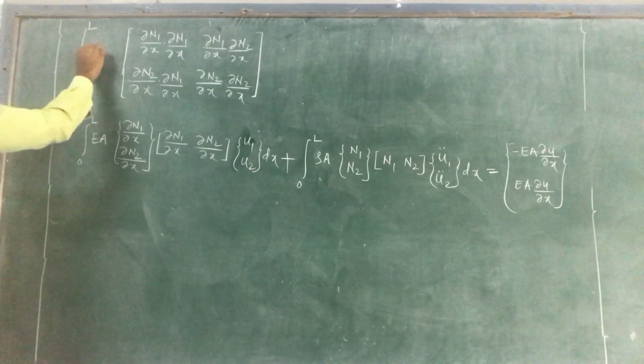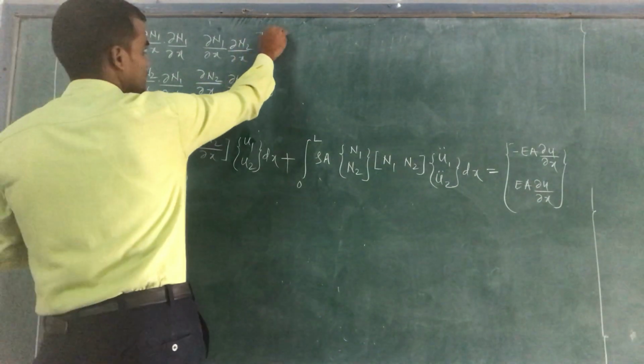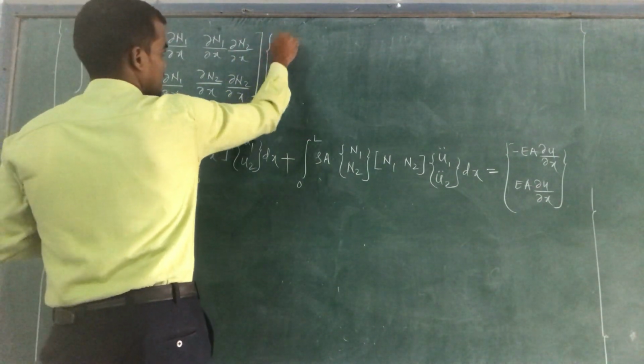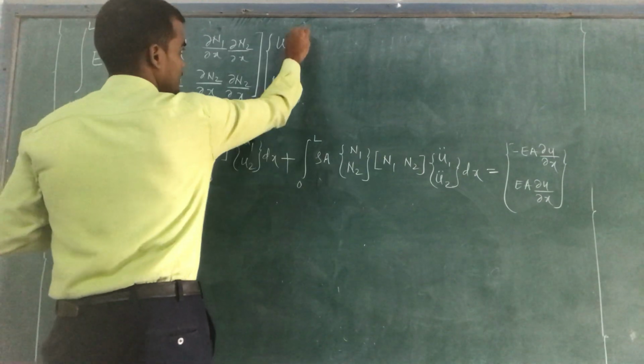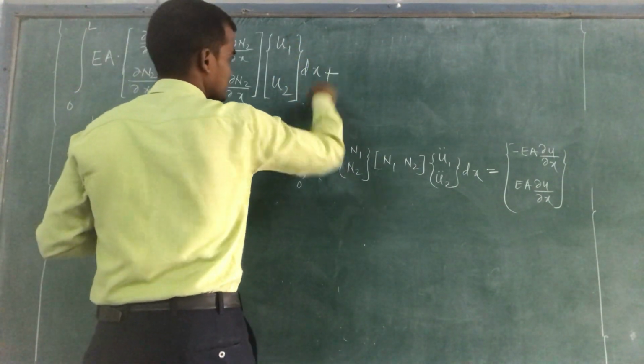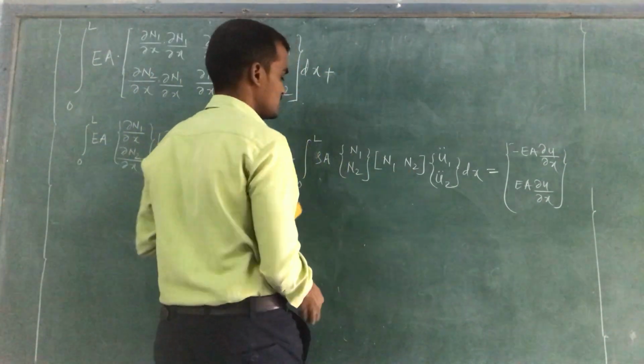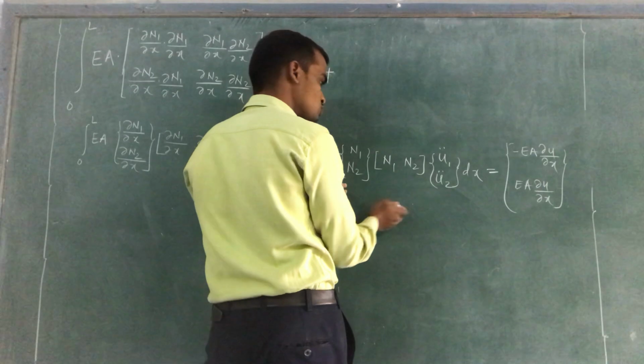So this will become integration 0 to L EA times this matrix into u1 and u2 times dx, plus similarly we need to multiply these two matrices. Here also we will get a 2 by 2 matrix.